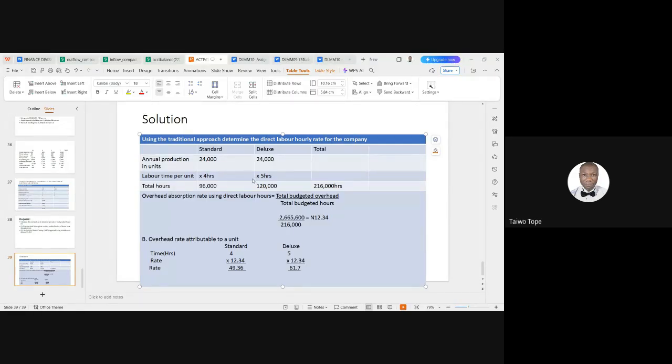All right. So the next thing is we are to determine the cost driver rate using the ABC approach, that is the activity-based costing approach. The cost driver rate is that activity that is driving the cost. Let's forge ahead.